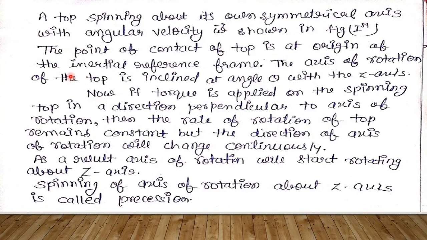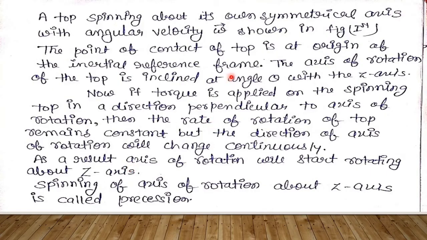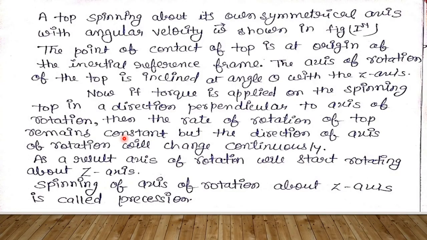The point of contact of the top is at the origin of the inertial reference frame. The axis of rotation of the top is inclined at angle theta with the z axis. Here this is the z axis, and this is the inclination of the top, angle theta.